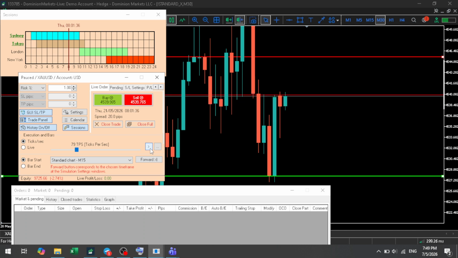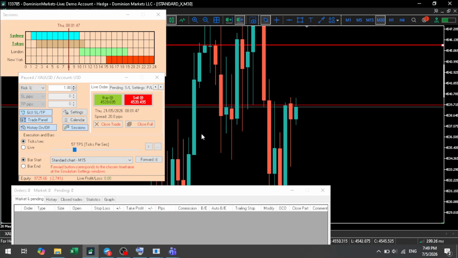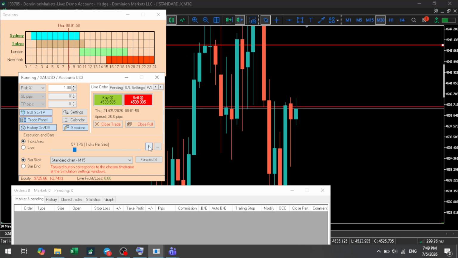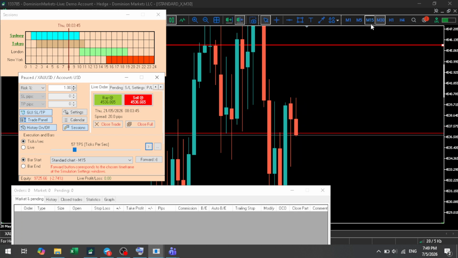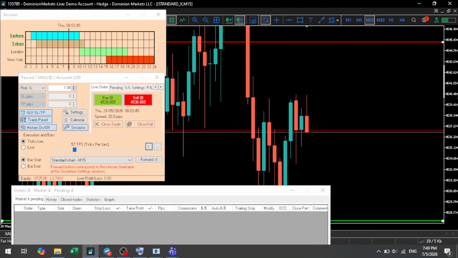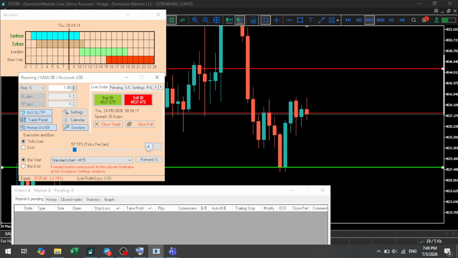Yes, let's slow down a bit, zoom in and see. 2 minutes, 3, 15 minutes it is. What it's trying to do, it should push up according to the price action.